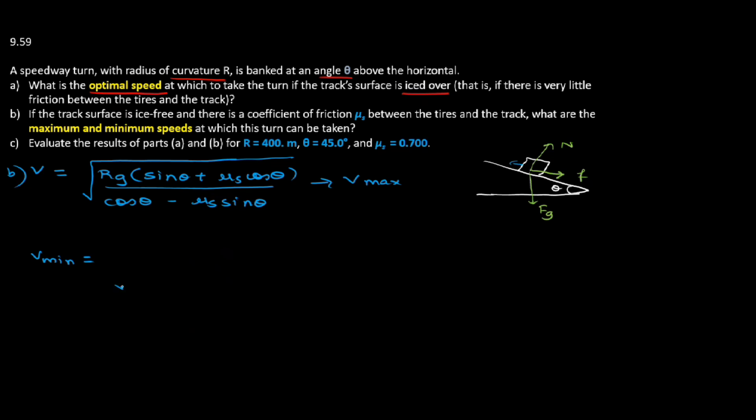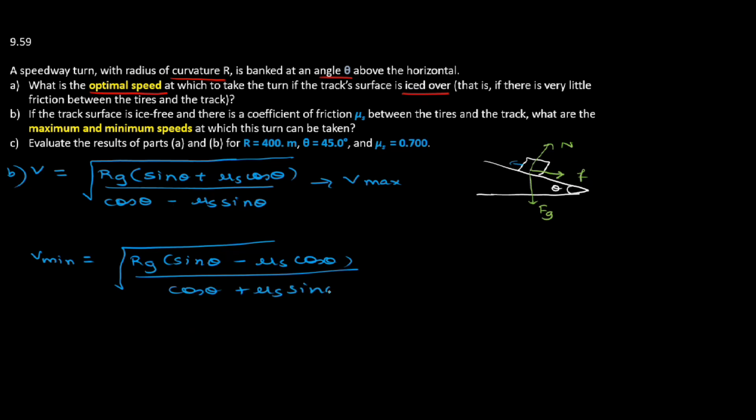So I will write square root Rg times (sine theta minus mu s cosine theta) over (cosine theta plus mu s sine theta). So these are the expressions of minimum and maximum speed at which the turn can be taken when you have the force of friction.